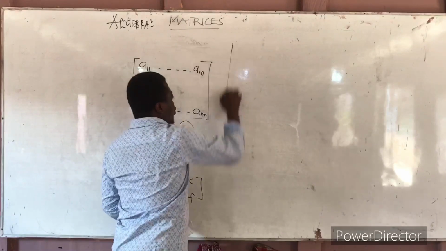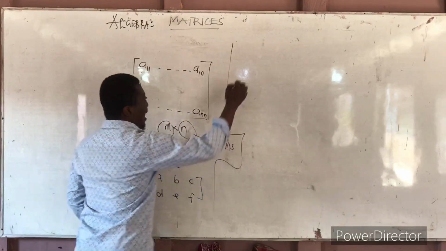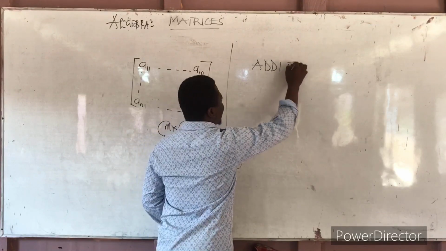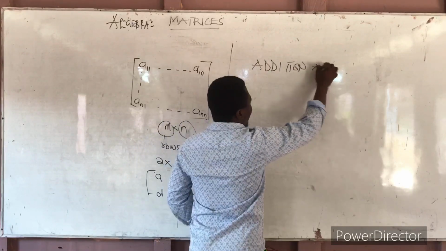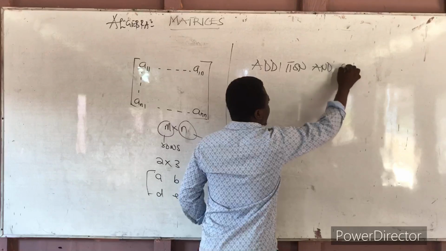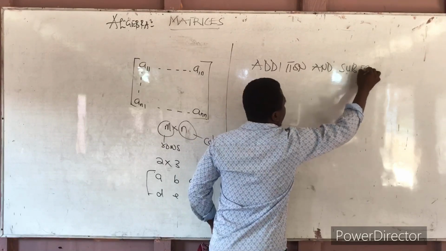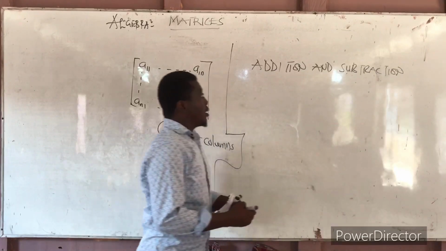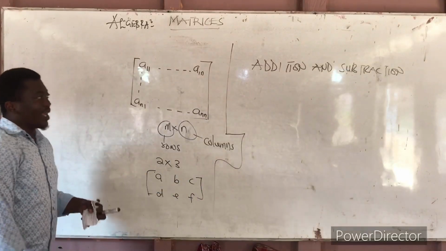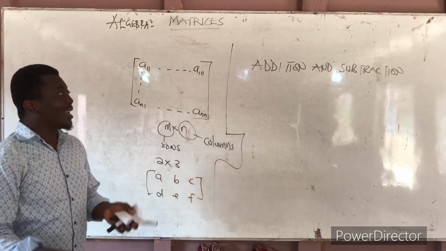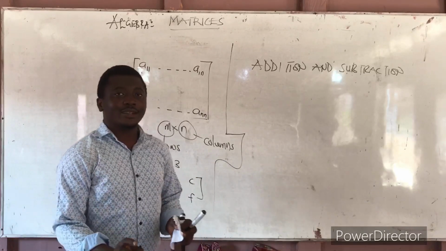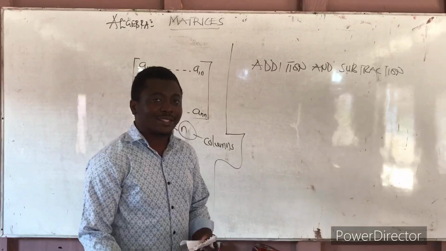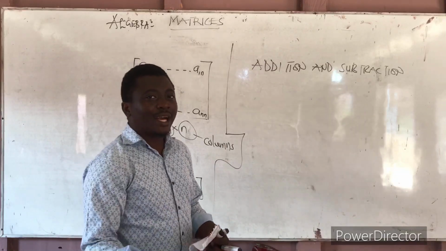Since we have different types of matrix, what we would like to move to is addition and subtraction of matrix. Before you can add and subtract matrices, you have to make sure that the matrices you are going to add or subtract are identical.